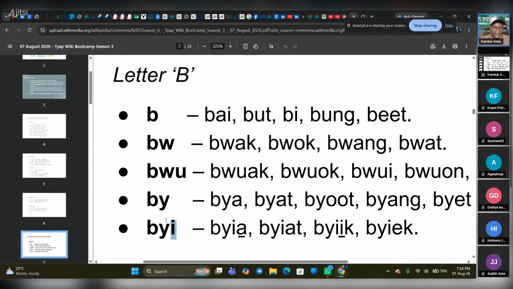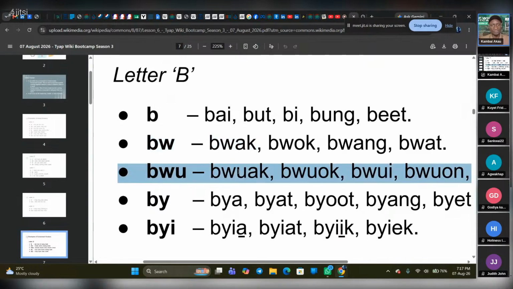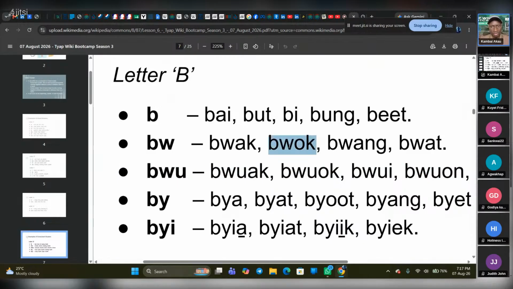It's supposed to be BYY, but then the second Y was reduced to an I, so we still list this one as a consonant cluster as it is. It's supposed to be BYY here, it's supposed to be BWW here. So this is boo, and then this is book. So buak, and then we have buak, and so on and so forth.